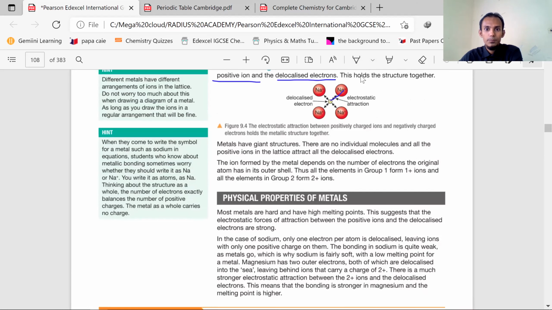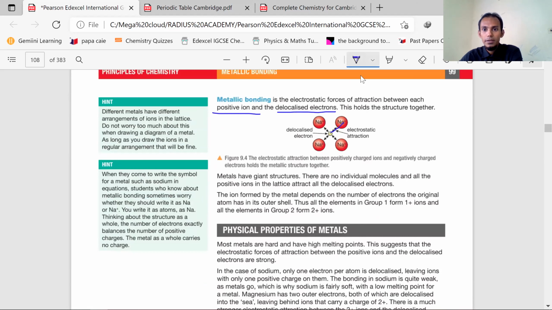Say for example, instead of sodium, if you have aluminum, which is atomic number 13, what will be the charge on the metal ion, and how many delocalized electrons will be there per aluminum atom?